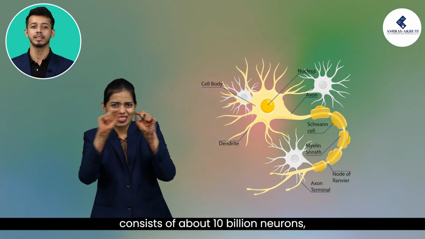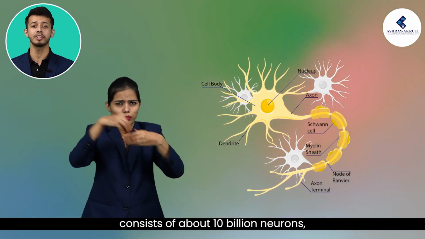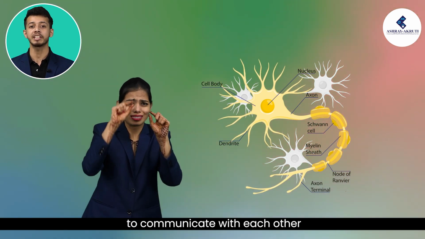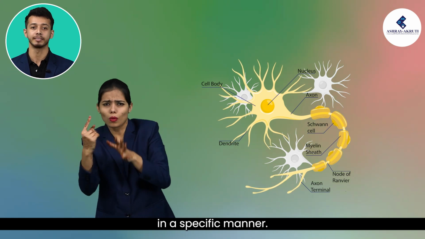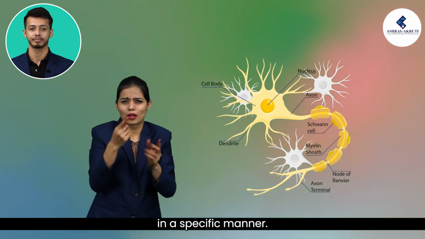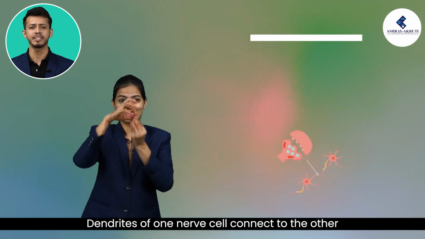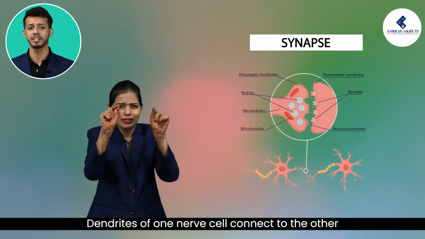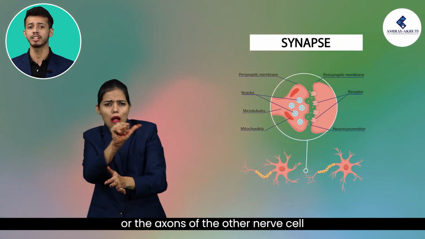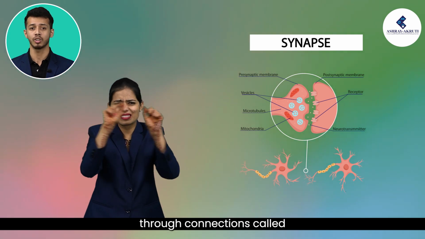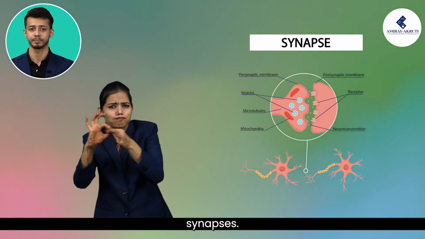Our nervous system consists of about 10 billion neurons that communicate with each other in a specific manner. Dendrites of one nerve cell connect to the dendrites or the axons of another nerve cell through connections called synapses.